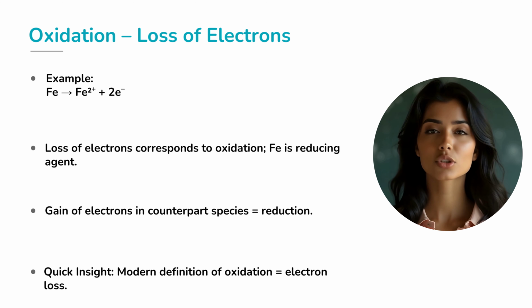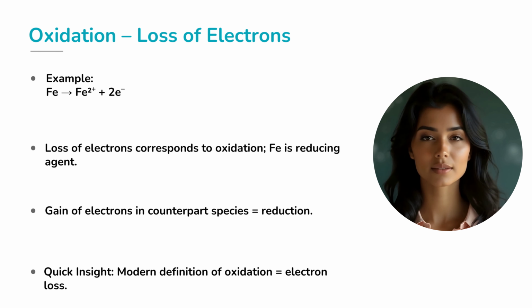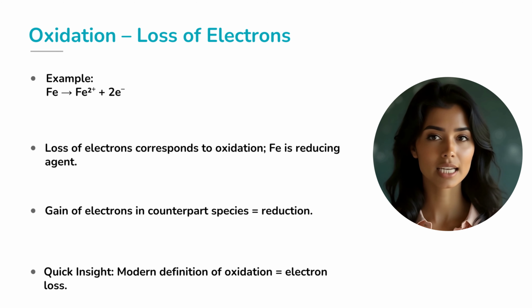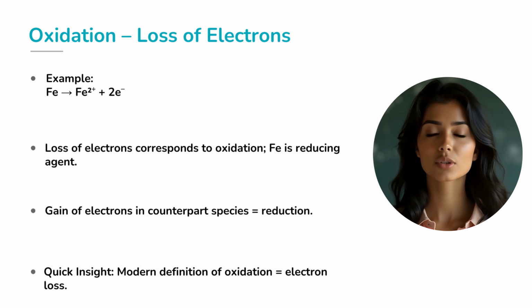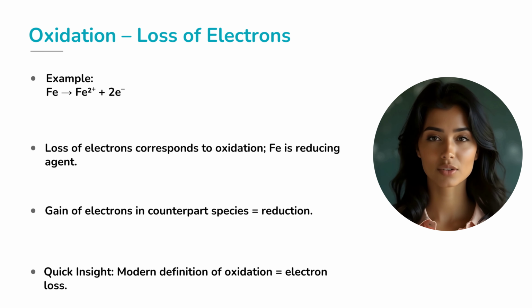Now, let's get to the core of what oxidation really means, the loss of electrons. Consider iron. When iron loses electrons, it forms iron ions. You could say iron gives iron ions and 2 electrons. The reaction is written as Fe gives Fe2+ plus 2e-.